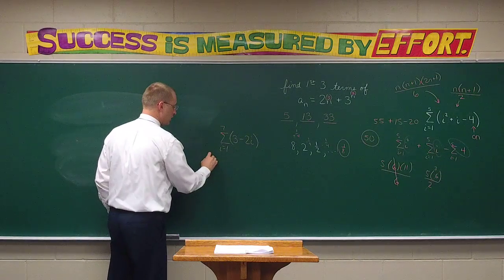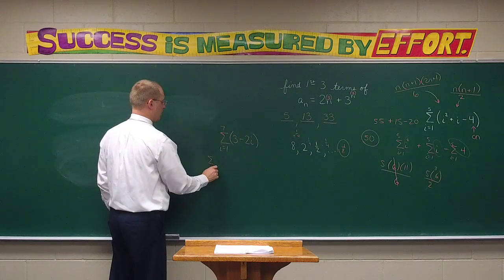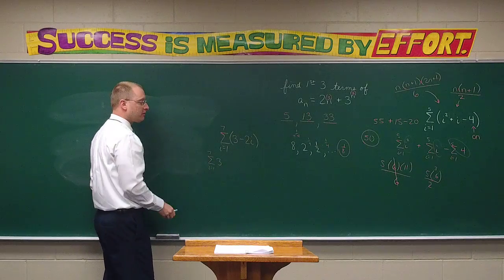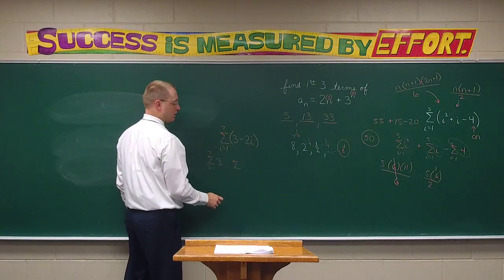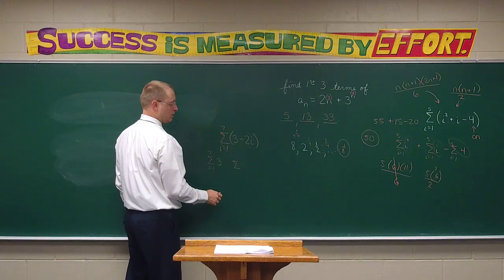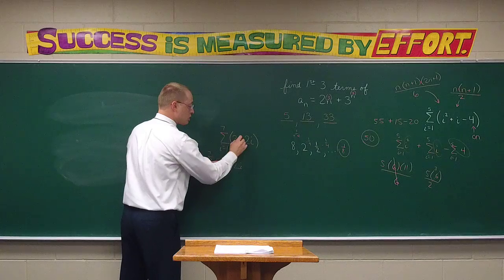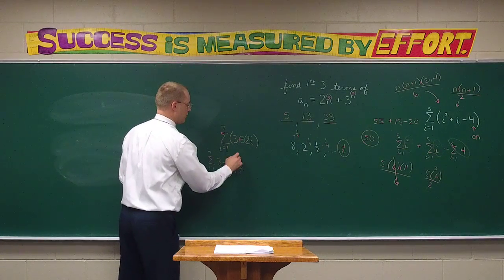A series of 3 from 1 to 7, and then a series of i and 2 on the other side. Good, so we're going to subtract a 2 times the series of i from 1 to 7.